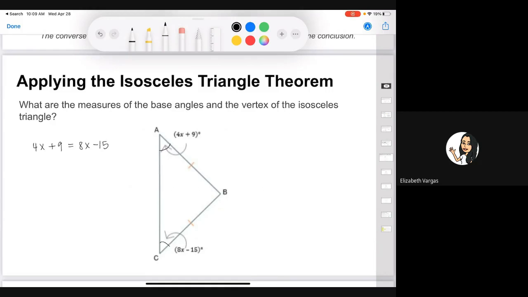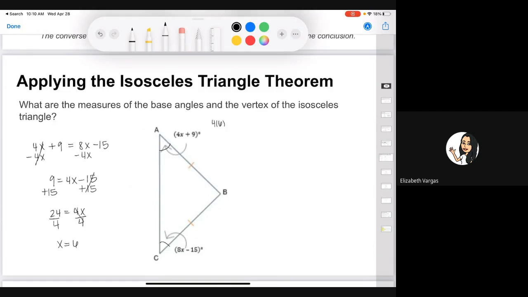So now we can find x. So we want to subtract negative 4x from both sides. Plus 15. Plus 15. 24 equals 4x. Divide by 4 on both sides. X is equal to 6. Now I know that x is equal to 6. I can plug that back in to find those missing angle measures.